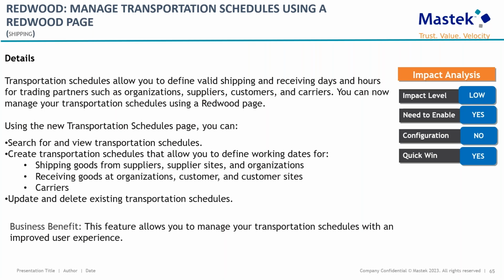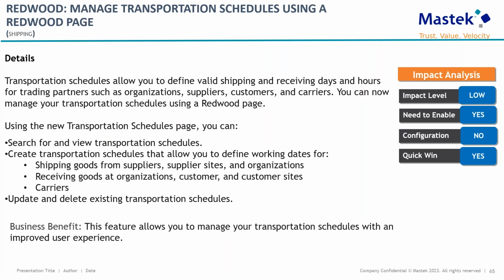With the new Redwood interface, you can now define and maintain transportation schedules directly from the setup and maintenance work area. This page lets you set valid shipping and receiving days and hours for various parties like suppliers, carriers, customers, and even internal organizations.